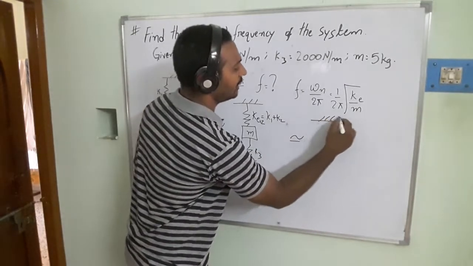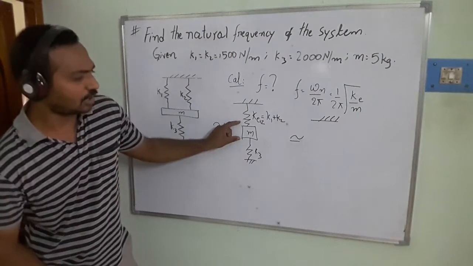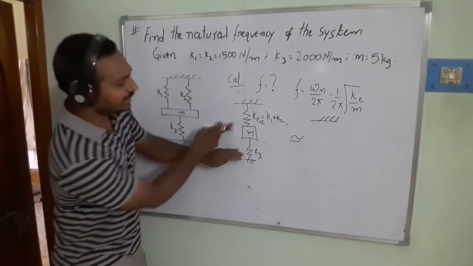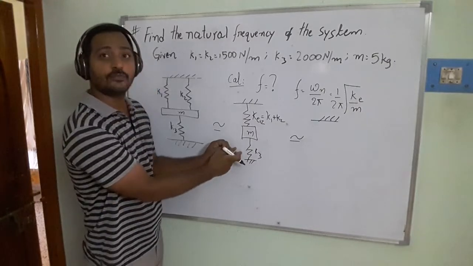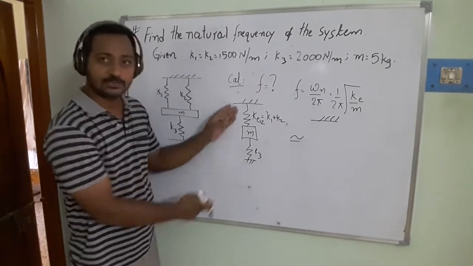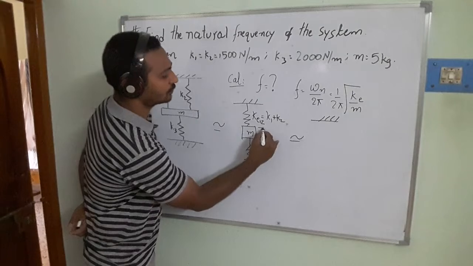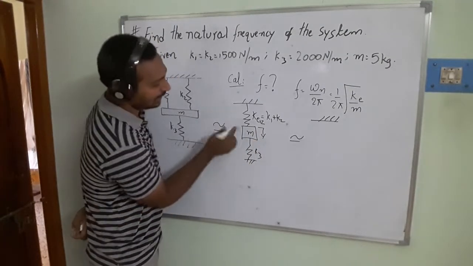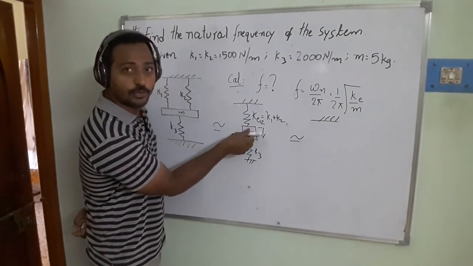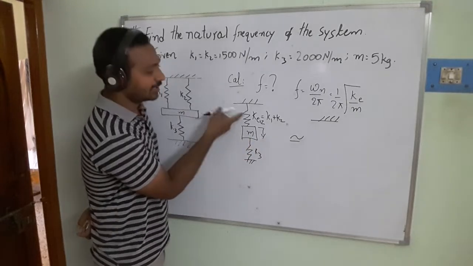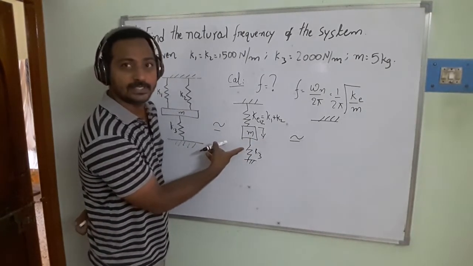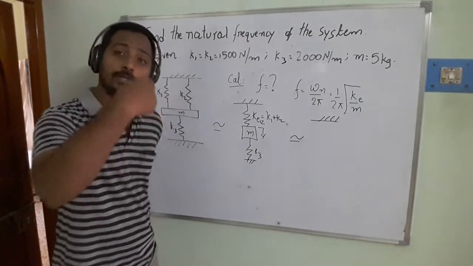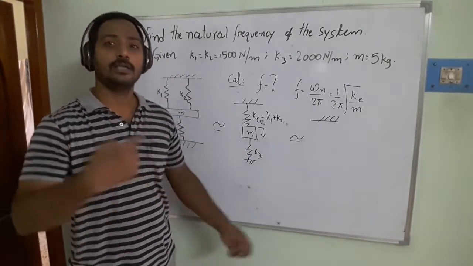By assuming that when the spring starts to move in the downward direction, the deflection of the equivalent spring is equal to the deflection of spring 3. So here the force is applied. Then this mass tries to move in the downward direction. Spring 1 is going to elongate and the other spring is going to compress. The elongation is equal to the compression of the spring.